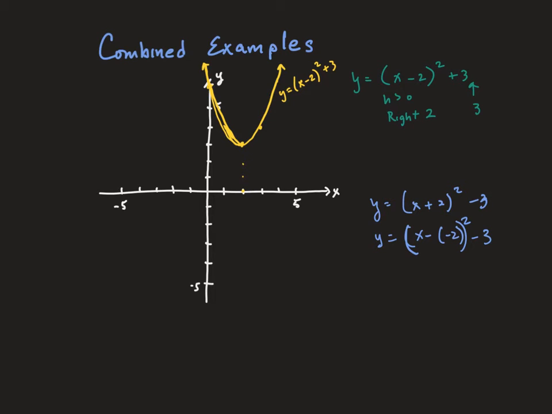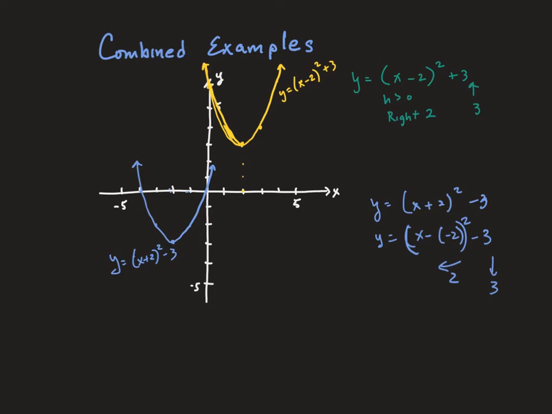So I'm going to be going left 2, and I'm going to go down 3. So I'm going to go 1, 2, down 3, puts me right there, and do my parabola shape. Looks something like that. And of course that is going to be y equals x plus 2 squared minus 3.